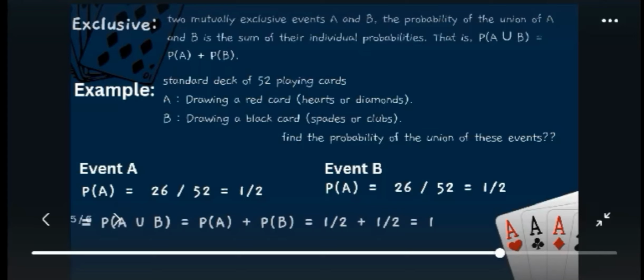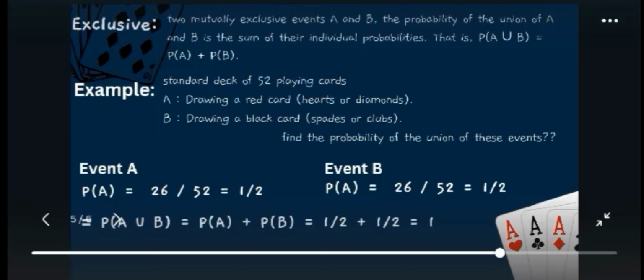We want to find the probability of the union of these events, which is the probability of drawing either a red card or a black card. Since red and black are mutually exclusive, a card cannot be both red and black. Their union covers the entire deck.